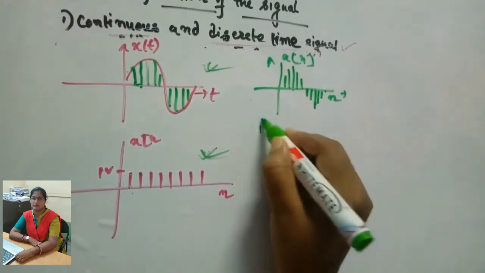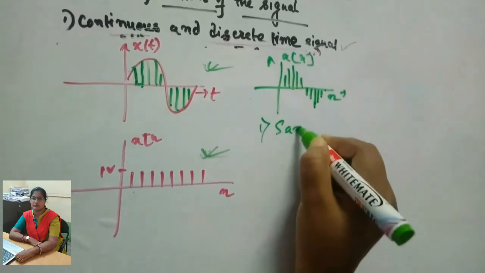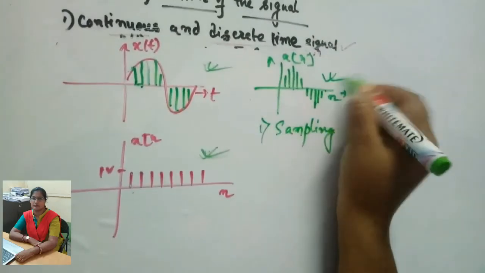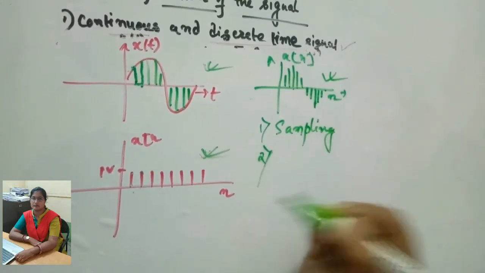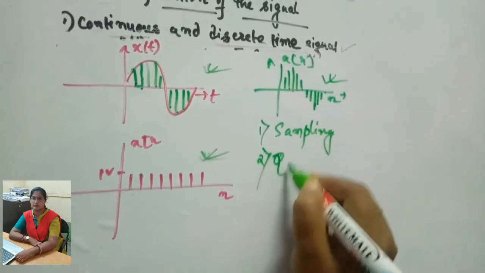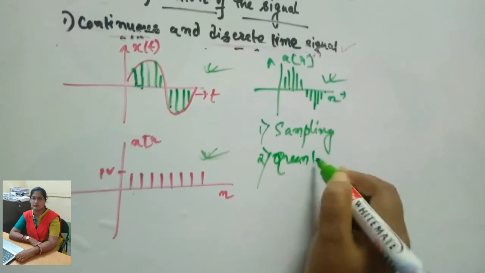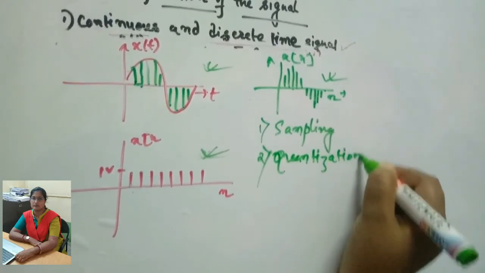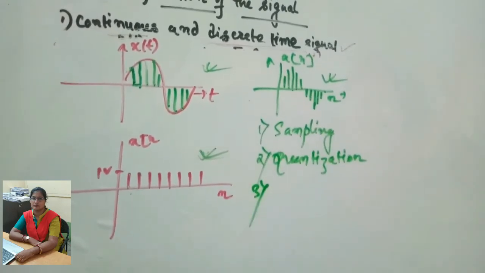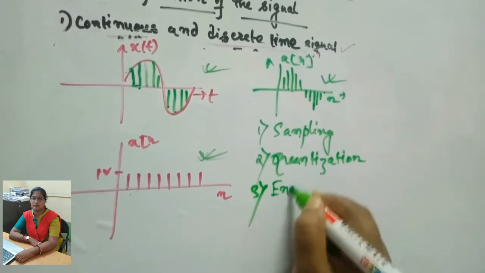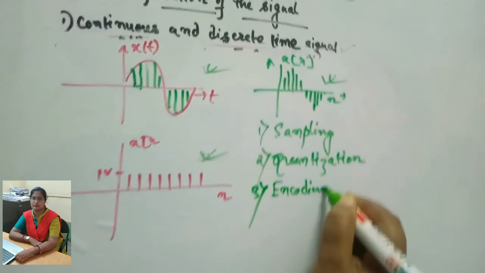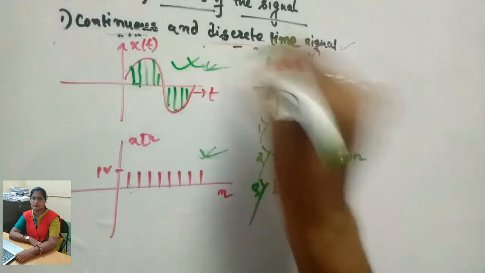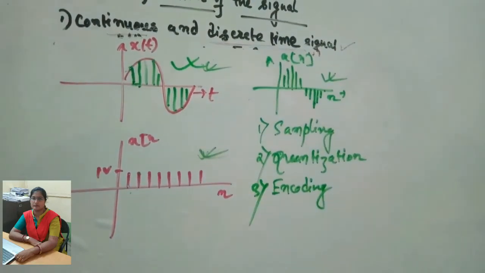The first one is sampling. Then the second process is quantization. And the third is encoding. It is the last step for converting an analog signal into a digital signal.